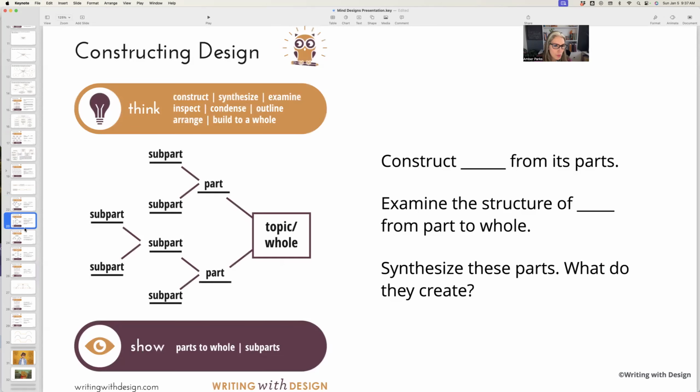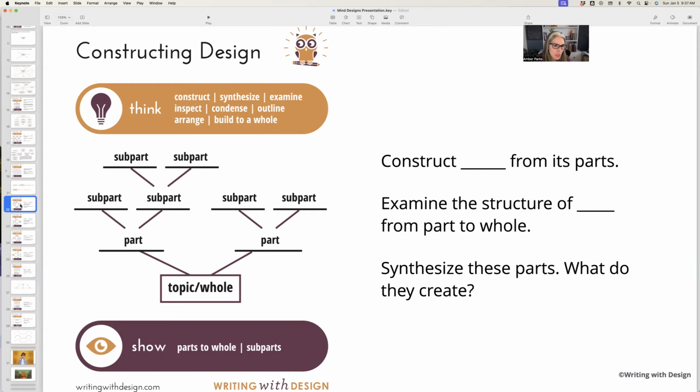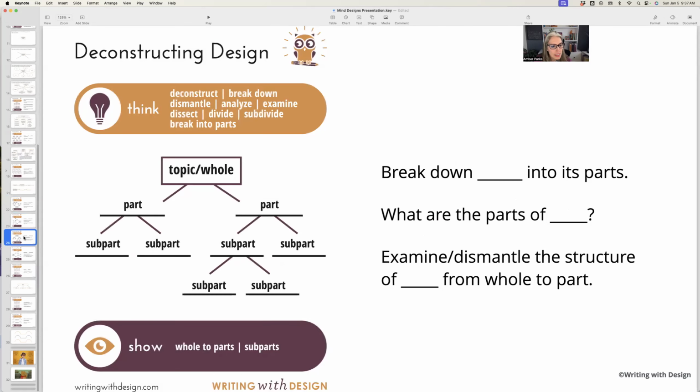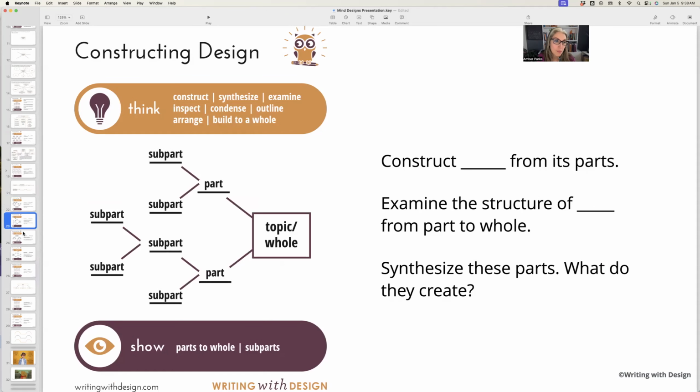But the other version of the design, we can go from the top down or we can go from the left to the right. And then the deconstructing design is going from the topic and breaking it down into the parts. So it's the same kind of end result in terms of going from parts to a whole, but we're just deciding if we're starting with the whole and breaking it down, or we're going from the parts and building.